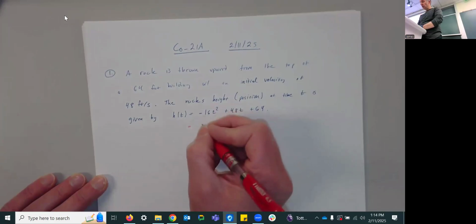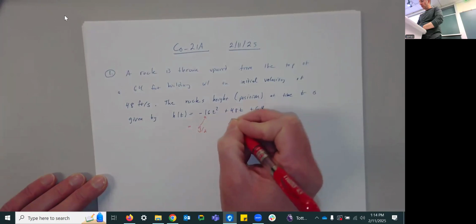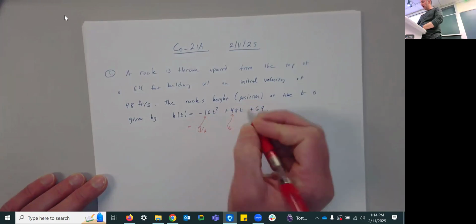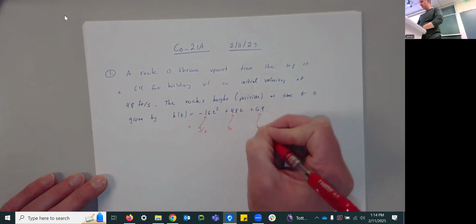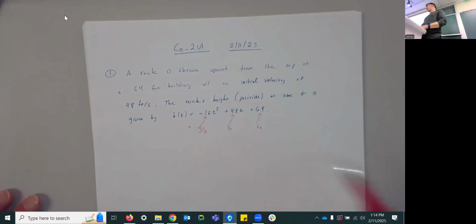So it's your gravity term divided by 2, your initial velocity, and your initial height. In general, if someone gives you those pieces of information, they're asking you to find the position function or the height function. This is always how it's going to work, at least if it's in feet per second. If it's in meters, it's a different coefficient, but that's the idea.